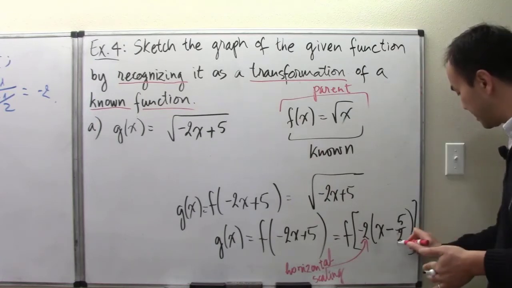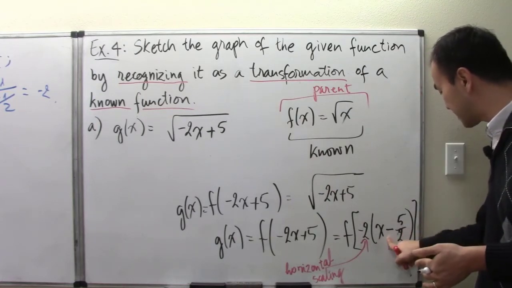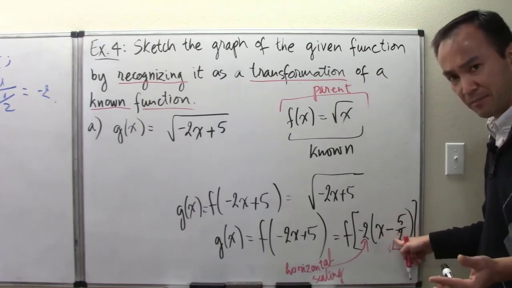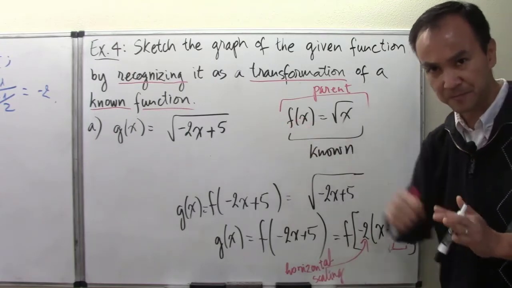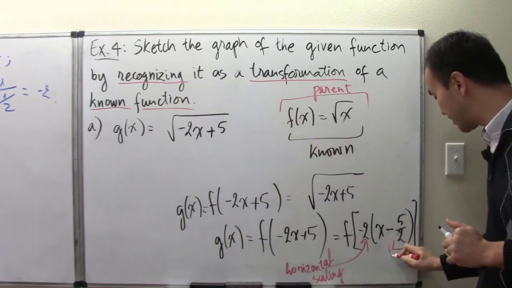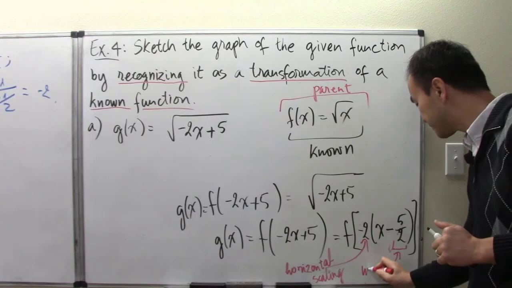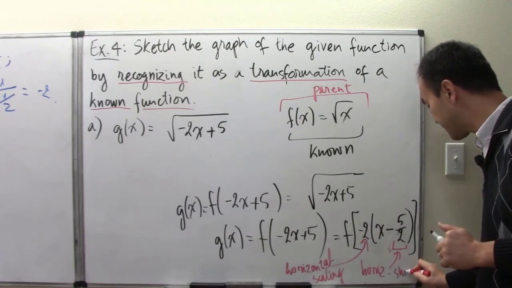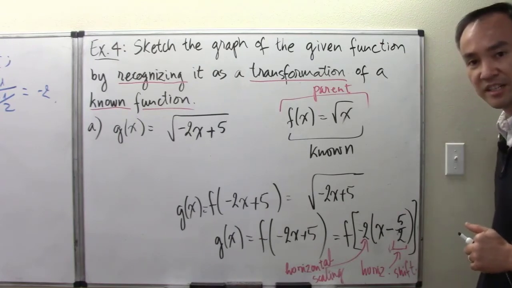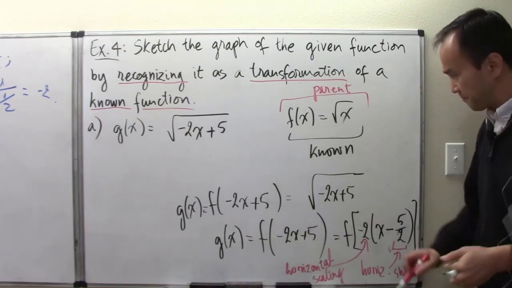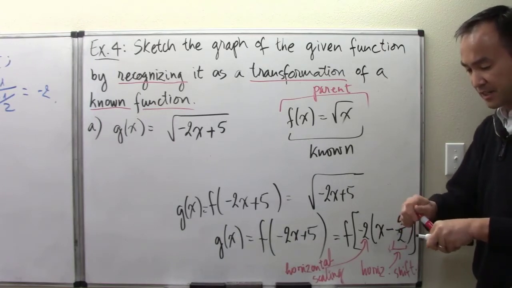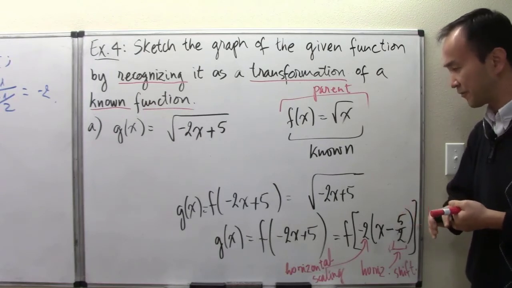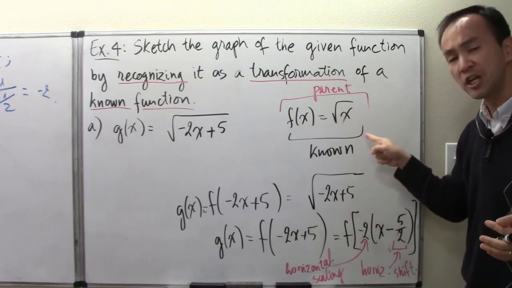And then this value right here, 5/2, which we already had in x subtract, means that it's going to have some sideways shifting, a horizontal shift. All right, that's how I see it. So we are ready. The last thing before I move to the other board: let's look at the graph of this known function.